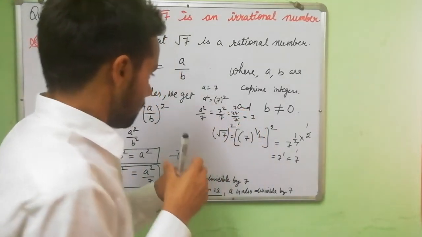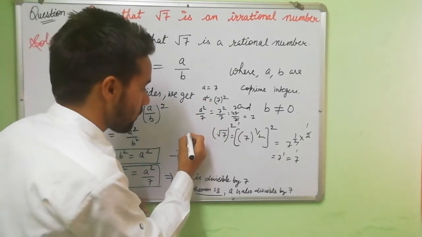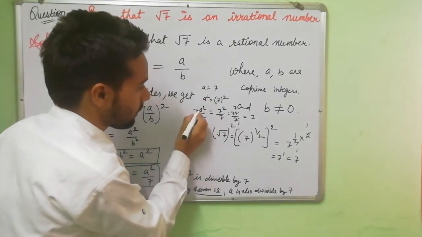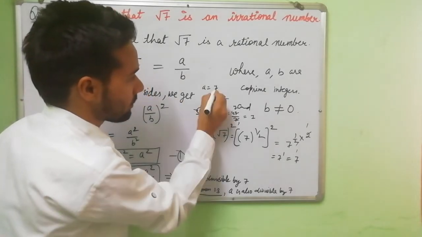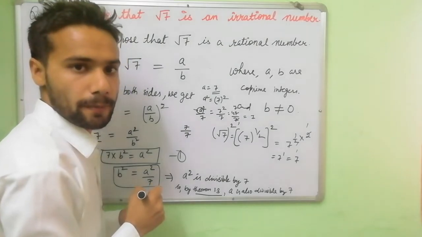If 7 can divide the square of any number, then 7 also divides the base. So what is the base? 7. So 7 can divide 7.